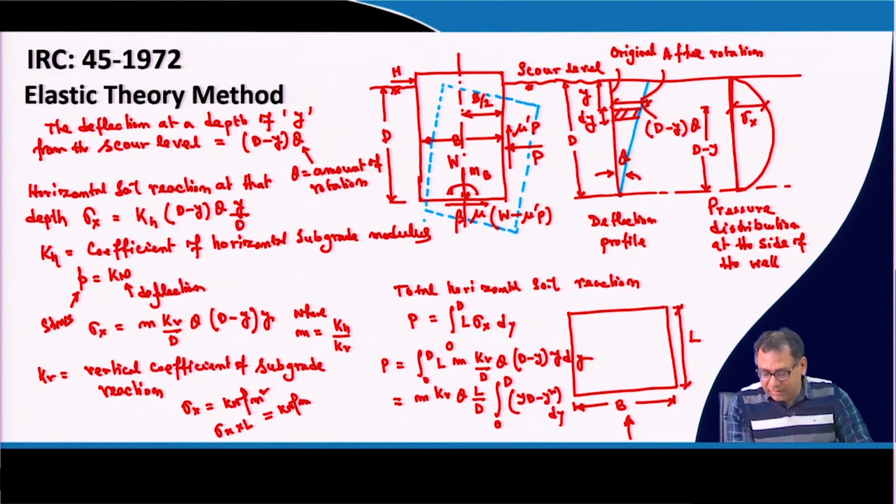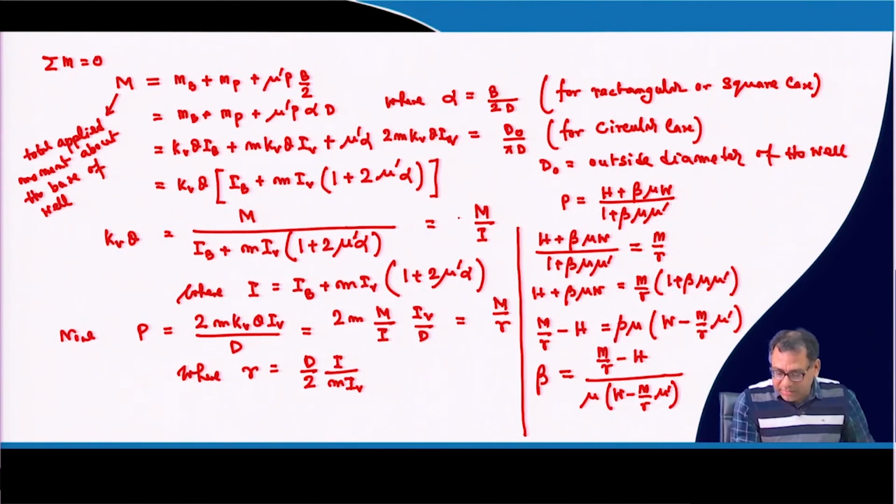If it is plus 1, then the direction is the same as I have shown. If it is minus 1, the direction will be the opposite, because depending upon the p value and the h value, this force direction may change. Okay. So, that means the limit of beta is minus 1 to plus 1. Okay. So, that we have to now apply here.